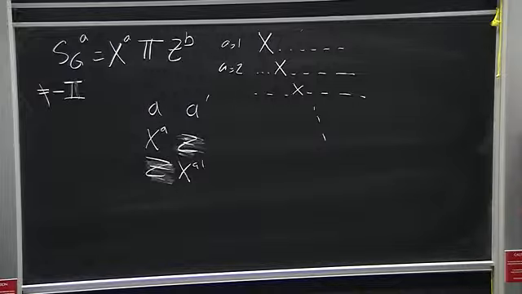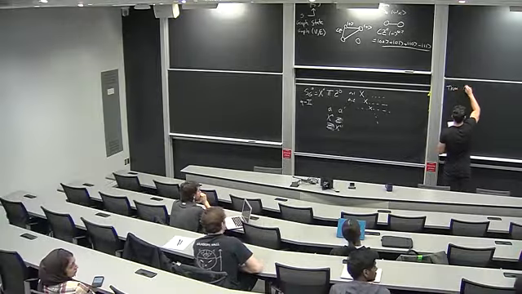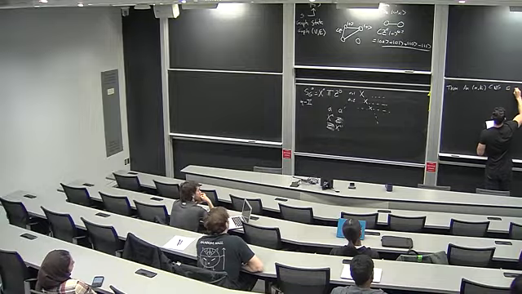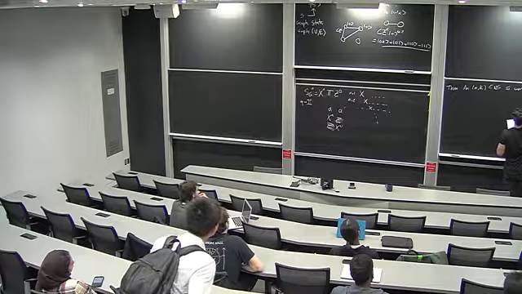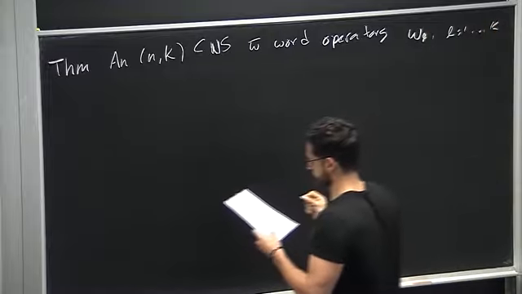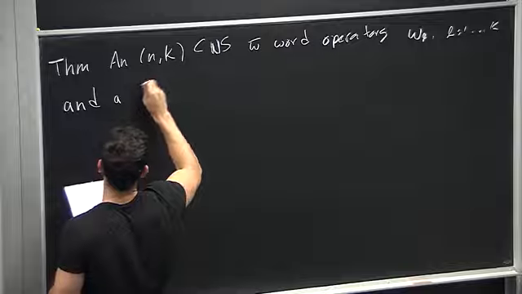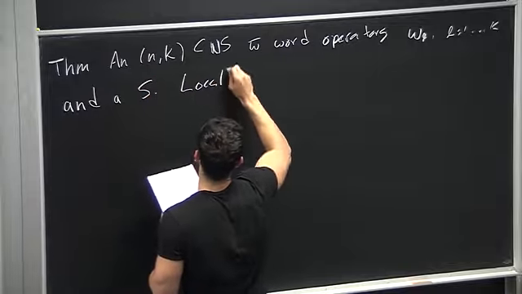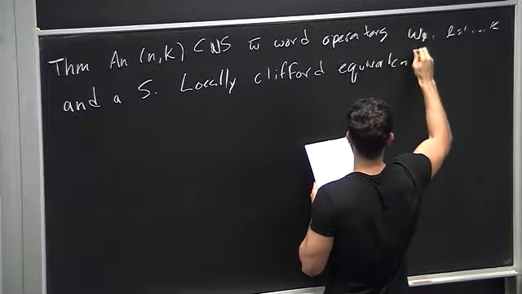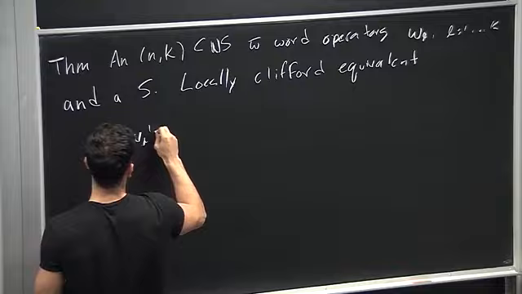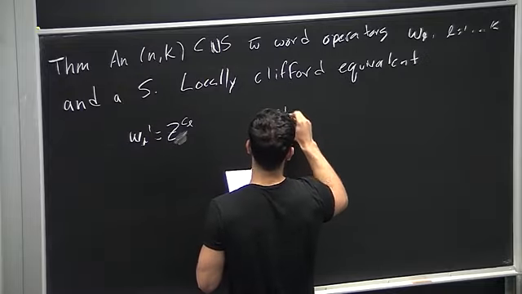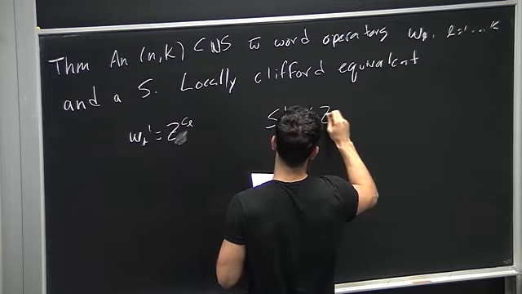So the theorem, the first major punchline here, is that if you have some (n, K) CWS code with word operators and stabilizer S, this is locally Clifford equivalent to a CWS code where the word operators consist only of Z's, and the stabilizer is the stabilizer for a graph state.